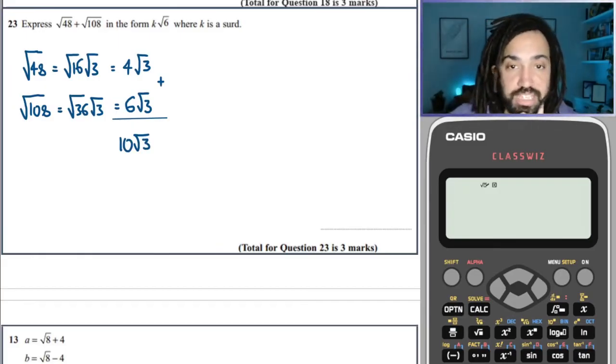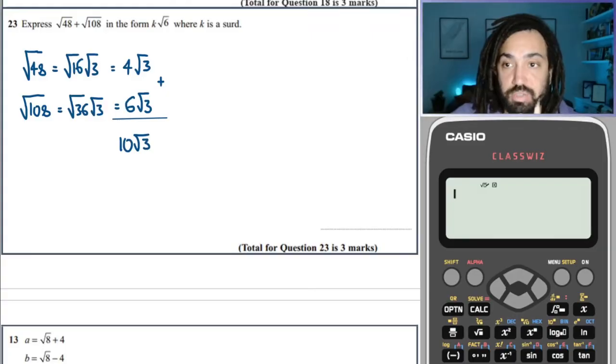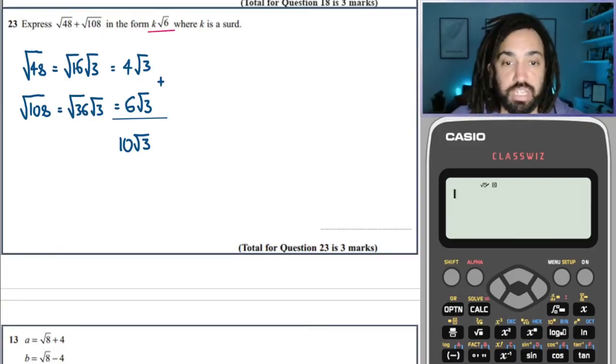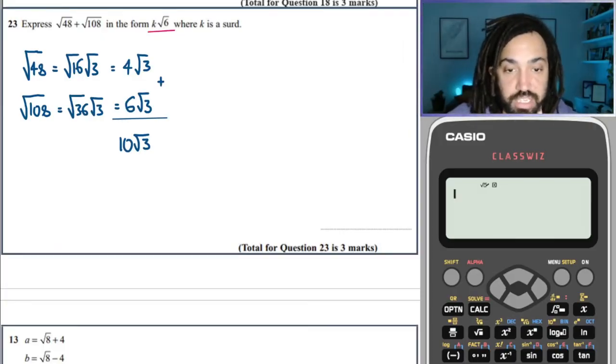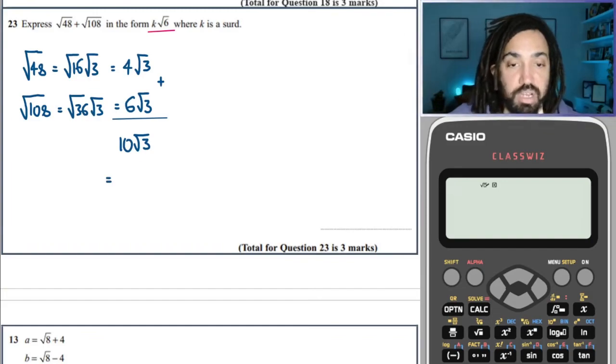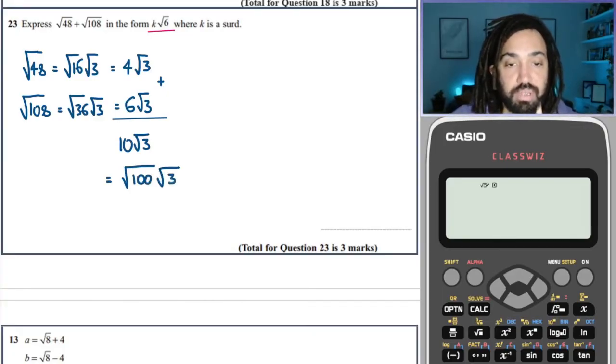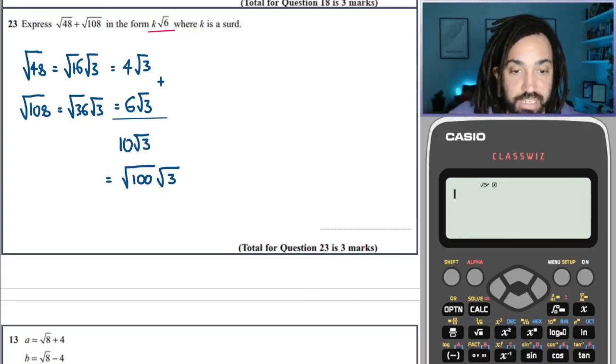Now, that is not in terms of root 6, unfortunately. So we're going to have to rejig this slightly. So 10 is the same as the square root of 100, like so. Now 10 is also the square root of 50 multiplied by the square root of 2.